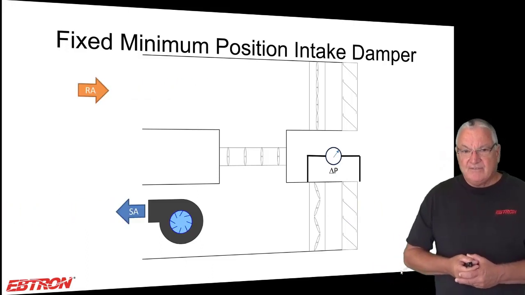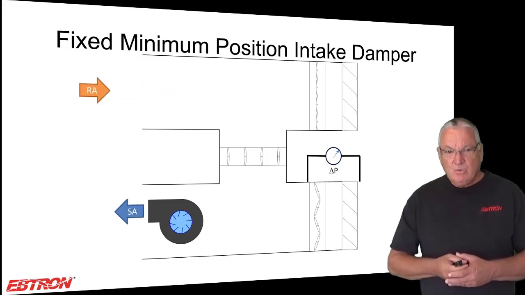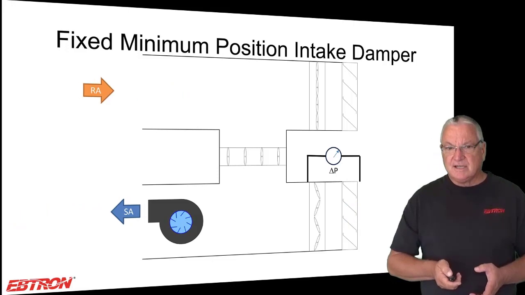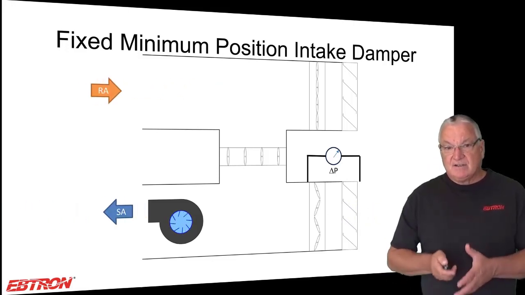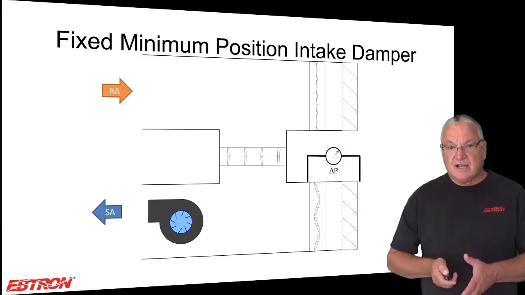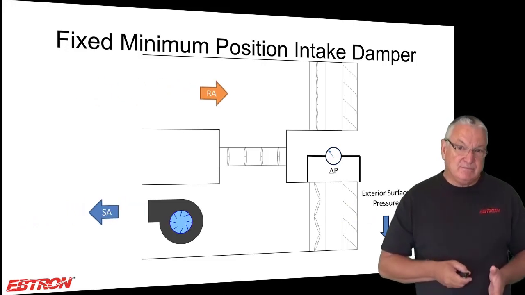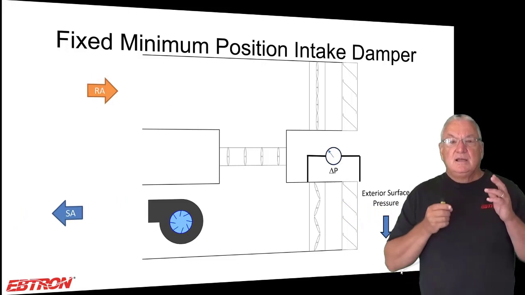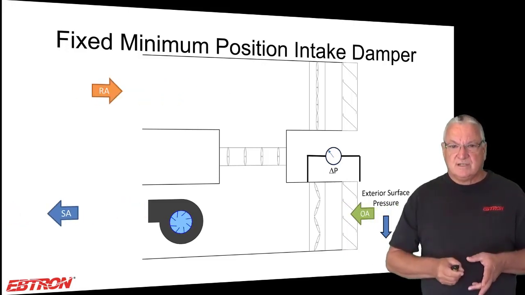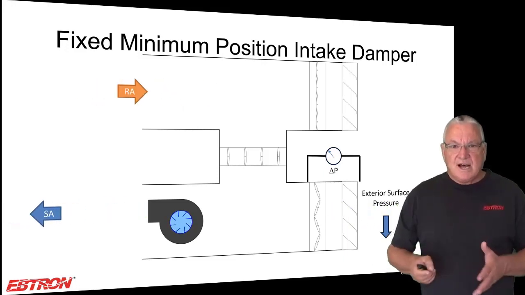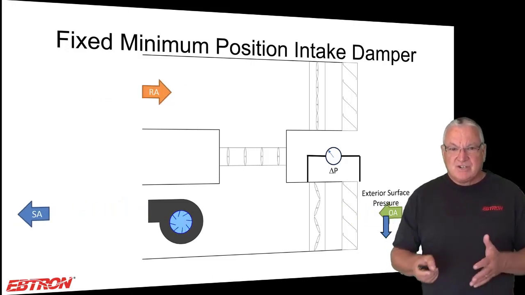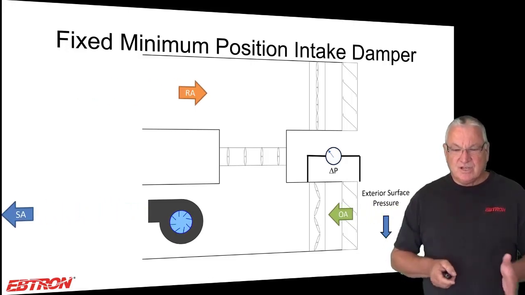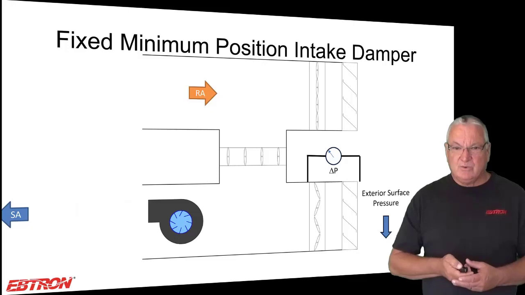Here we have a case where we're going to keep the supply flow constant, but something on the outside of the building, on the louver side, is going to make that same 2/10 of an inch change in pressure. Since it's a fixed orifice, it doesn't matter what side. If the pressure drop changes, the pressure drop changes, so the flow is going to change proportionally with it.